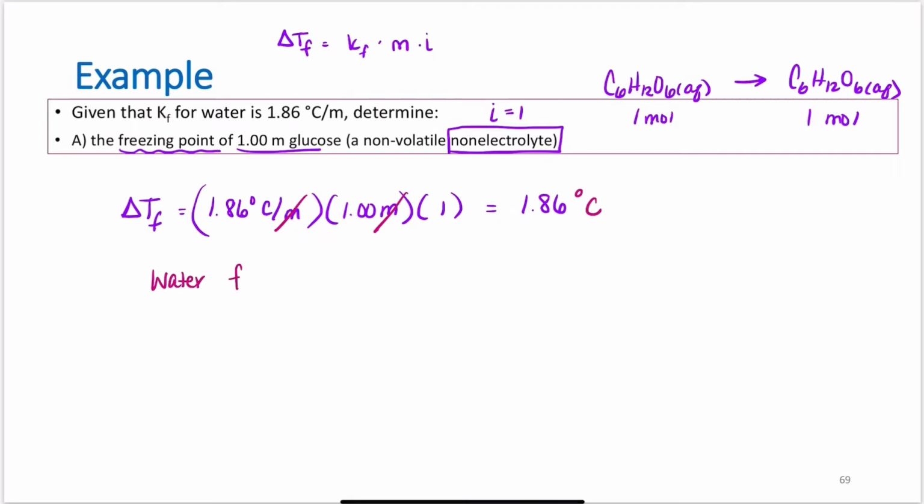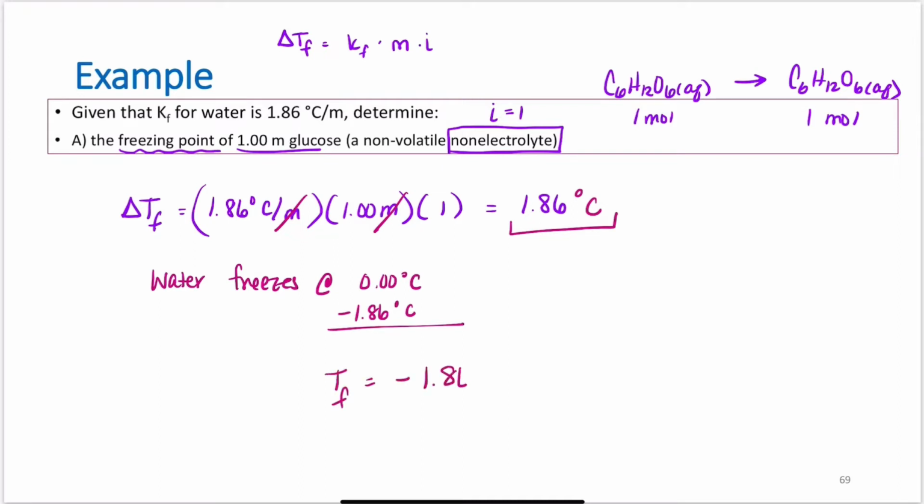Water freezes at 0 degrees C. This is how much more it will depress, because it's a freezing point depression, compared to the system itself. So I need to subtract this number from water, and I get the final freezing point to be negative 1.86 degrees C.